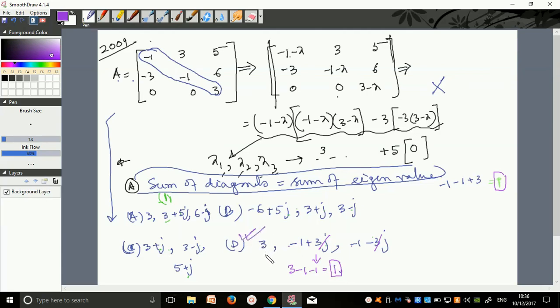This is one way you use the properties of the matrix. In most cases you should use the properties of the matrix, otherwise it will lead to a very lengthy calculation which you cannot afford to waste time on, right? Thank you.